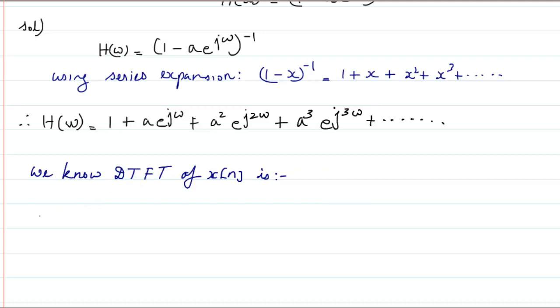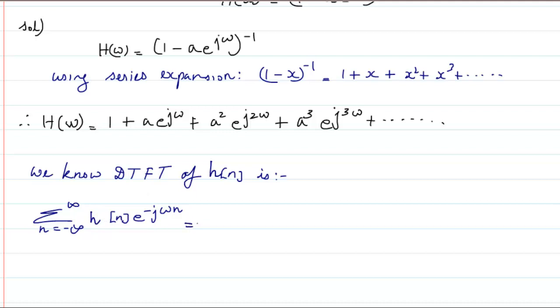We know that the DTFT of x of n is given by summation n is equal to minus infinity to infinity, x of n e raised to power minus j omega n. Now here, since we are dealing with h of omega, instead of x, I will write h of n. So h of n e raised to power, what is this?